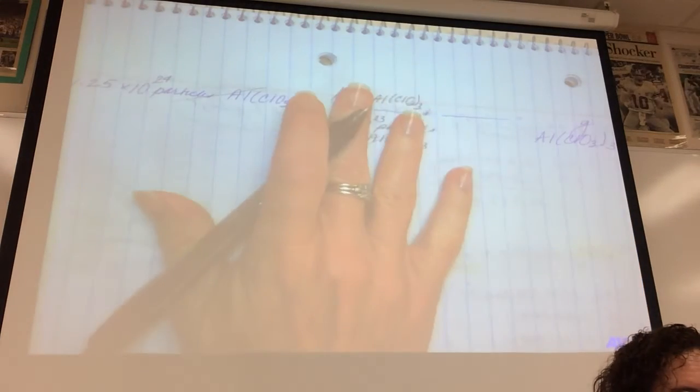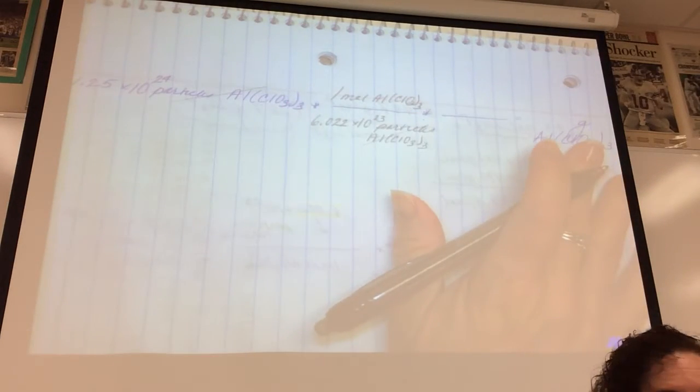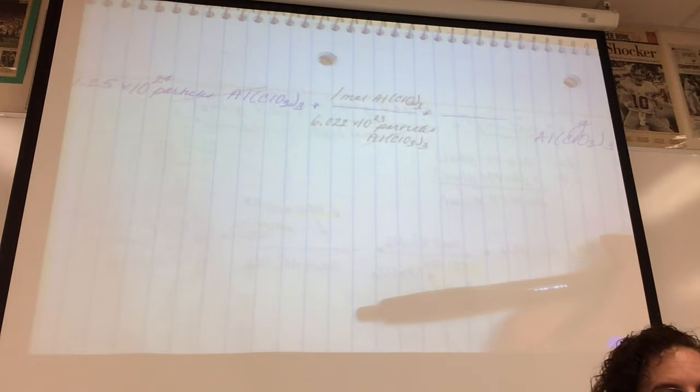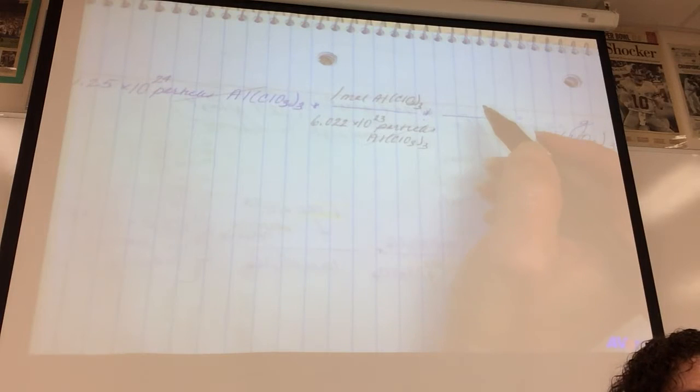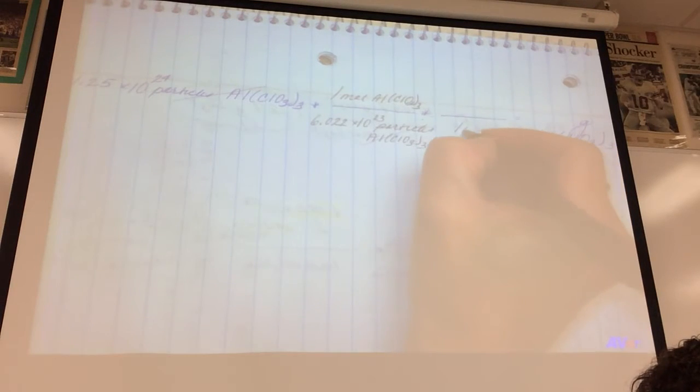All right, so now we're at moles and we want to get to mass. So what goes in the denominator of the second fraction? 1 mole.